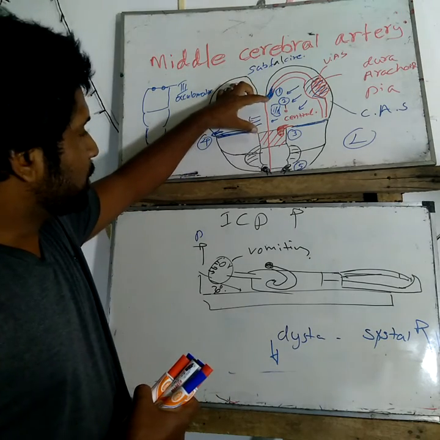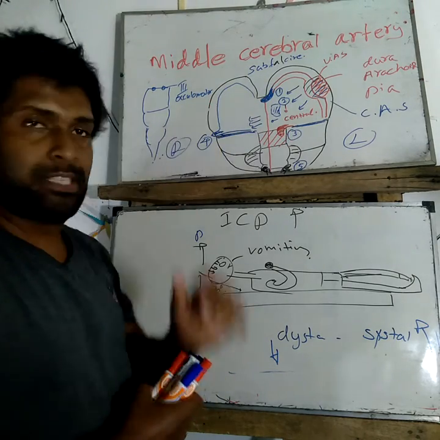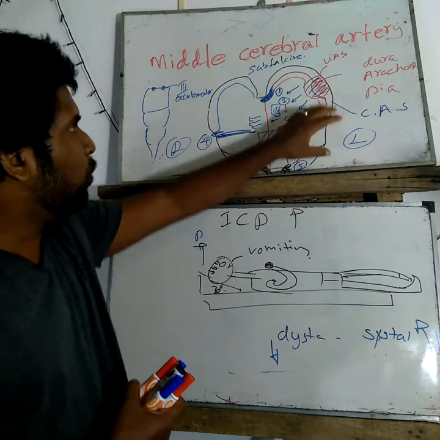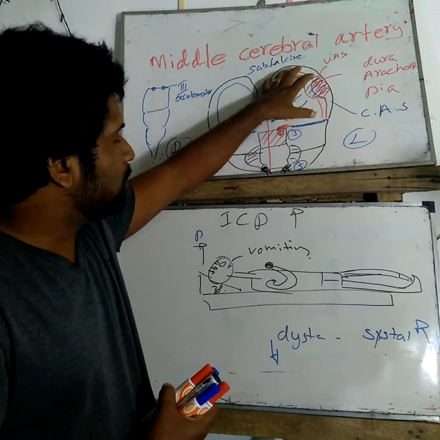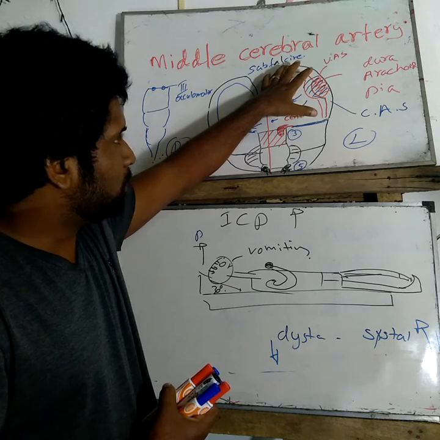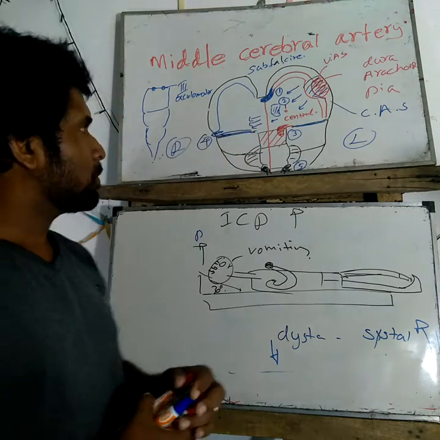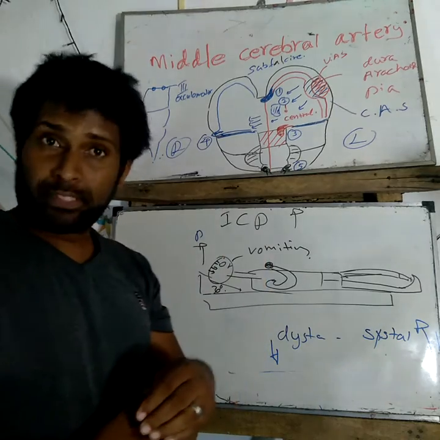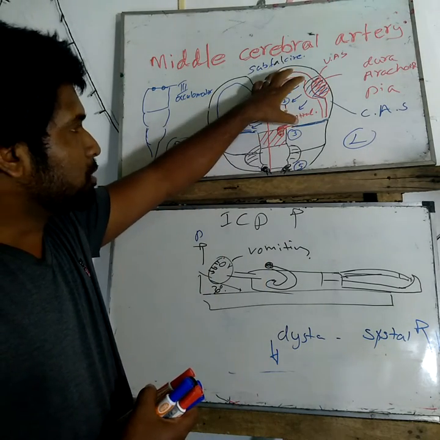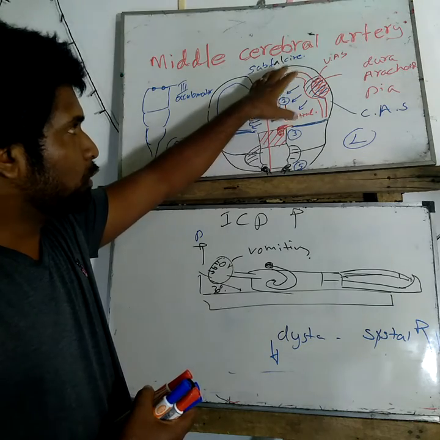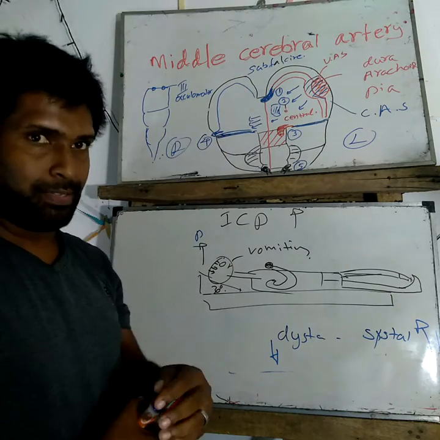The intracranial pressure compresses the cortex, the cortical area. This cortex is most important because of the motor aspect or sensory aspect. The motor aspect of the cortex is compressed.